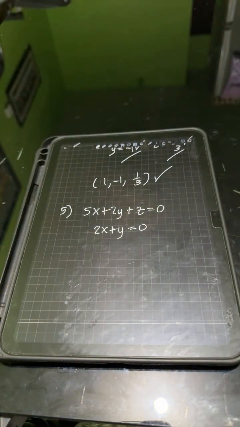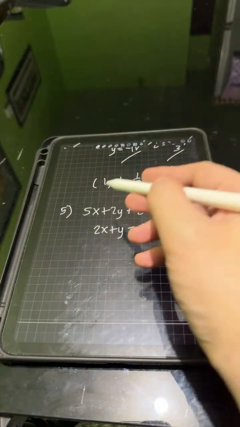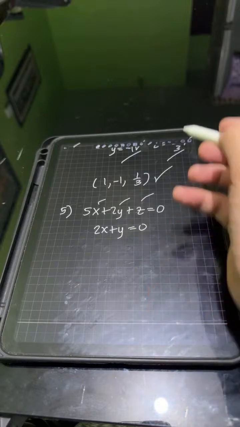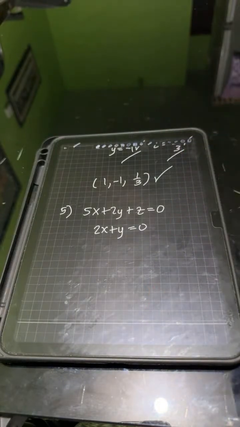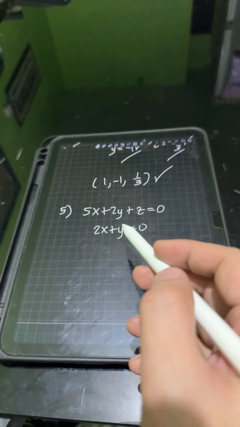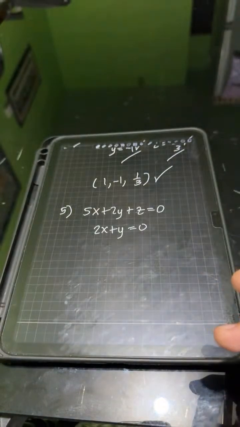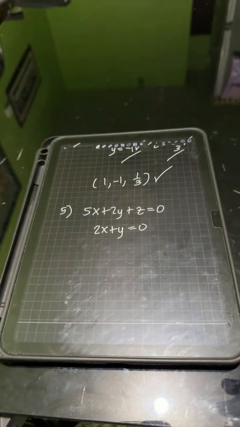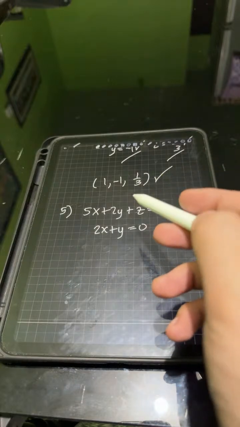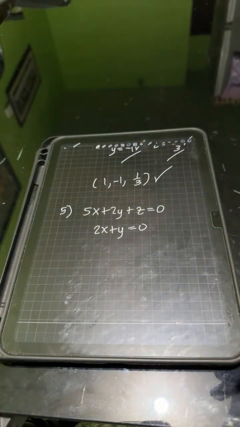This time, we have three unknowns, x, y, z, right? But the equations that we have are only two. So the number of equations is less than the number of unknowns. So this means that we can have infinitely many solutions.